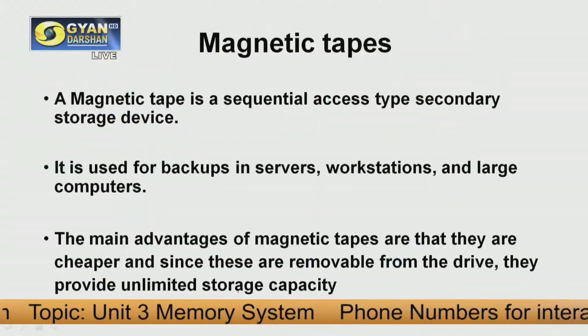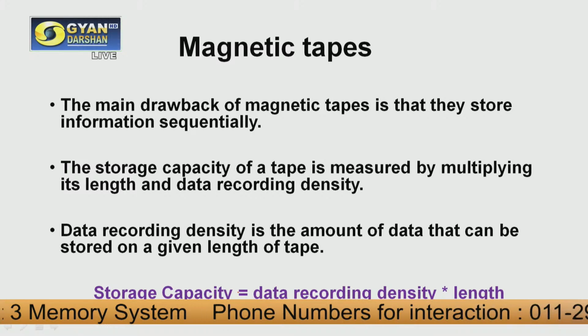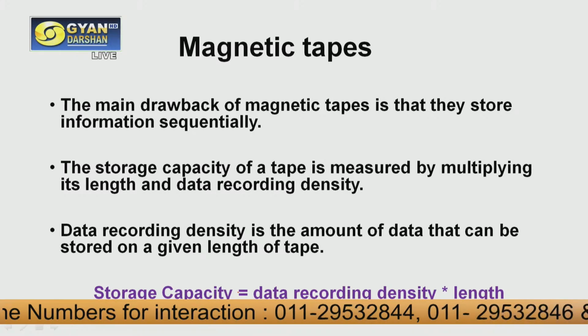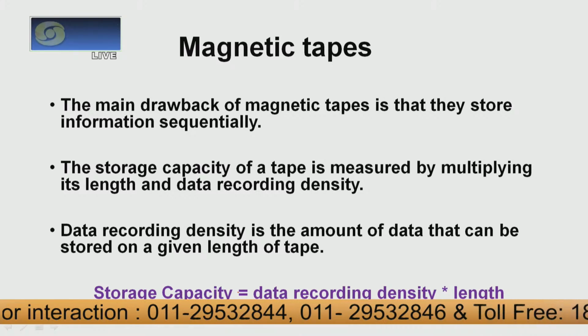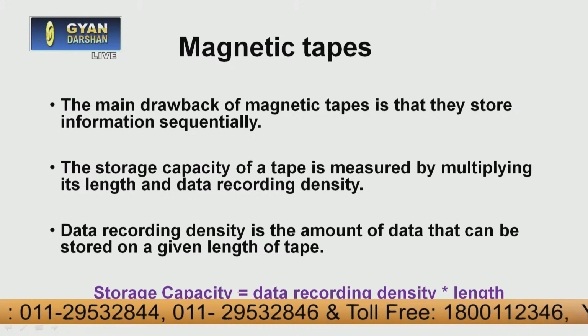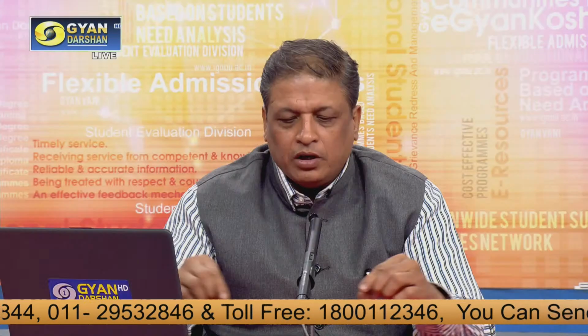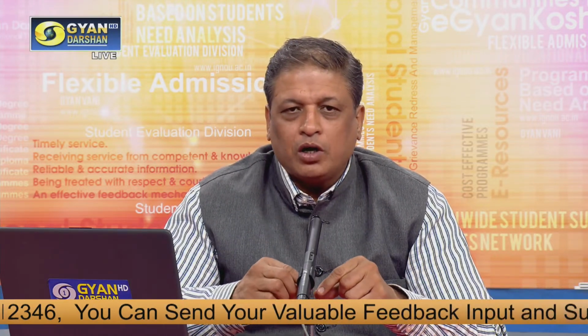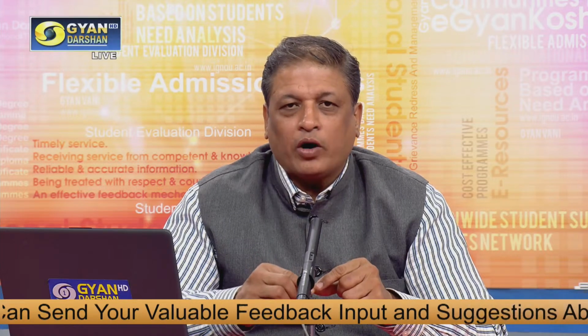The storage capacity of magnetic tapes is related to the data recording density and the length, because the tapes are in a longitudinal format. We have the length of the tape, and we have some amount of data, that is the recording density.